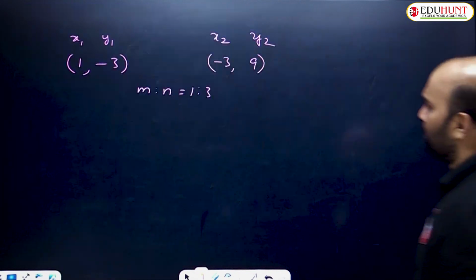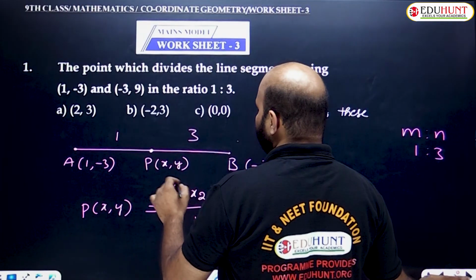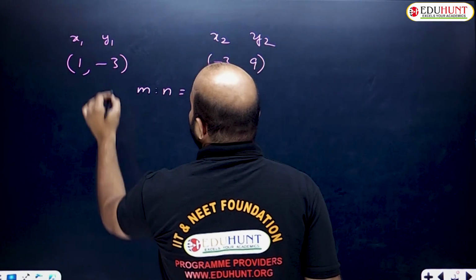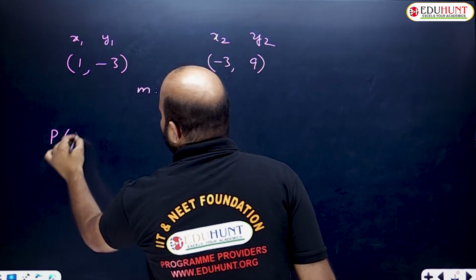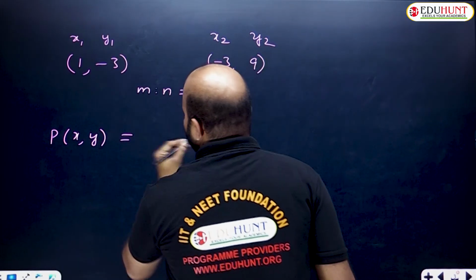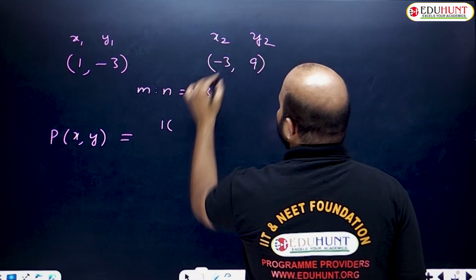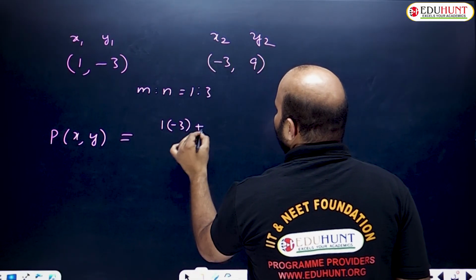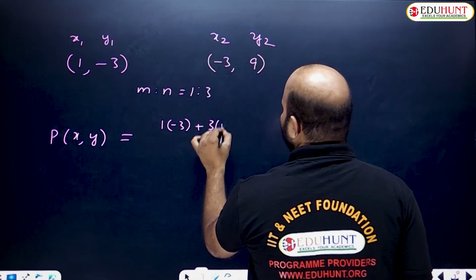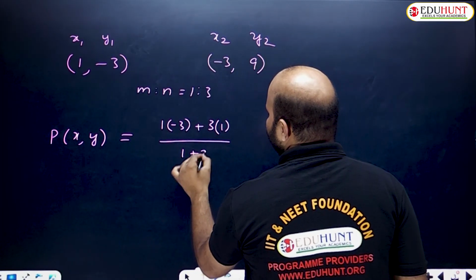So clearly we need to understand, what is the m value here? 1. So P(x, y) equals m, which is 1, into x2, which is -3, plus n, which is 3, into x1, which is 1, by m plus n, 1 plus 3.